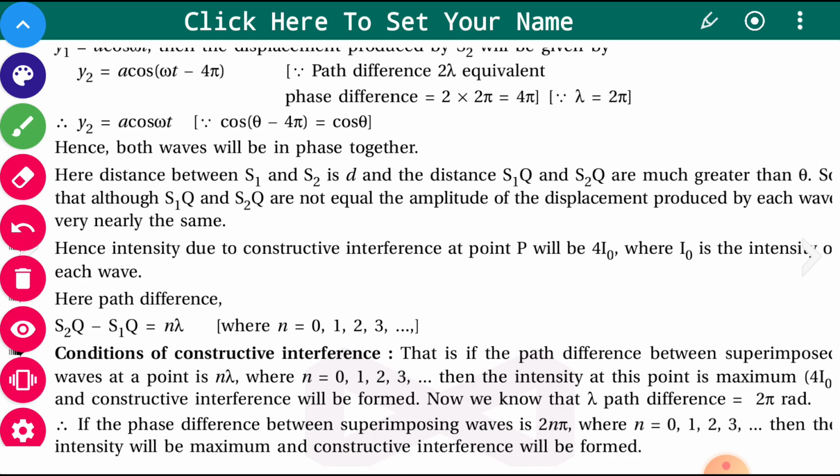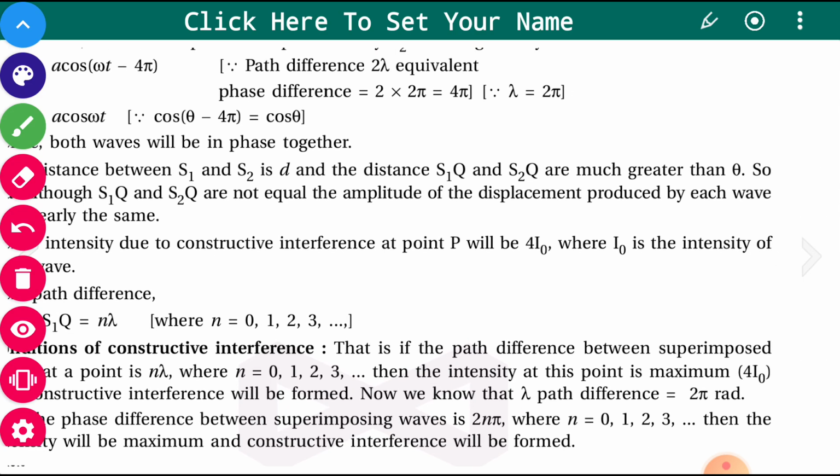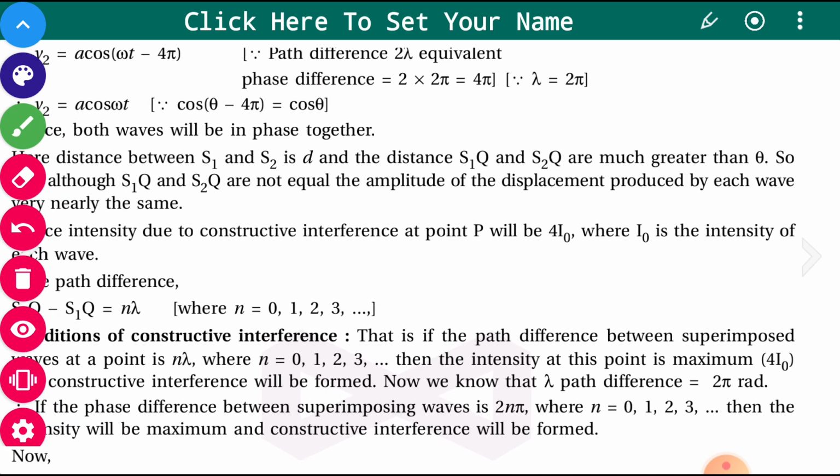Here the distance between S1 and S2 is, say, d, and the distances S1Q and S2Q are much greater than this d. We can say the distance between S1 and S2 is small d, and the distance of S1Q and S2Q is very large in comparison to this small d.